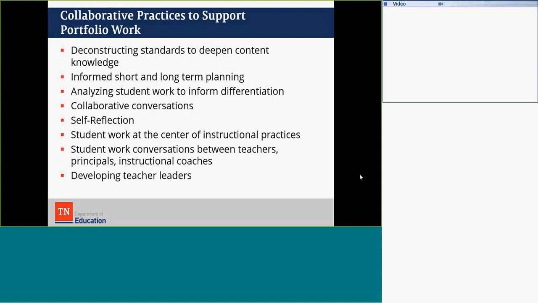And when that happens, student work is then at the center of instructional practices. And then student work conversations between teachers and principals and instructional coaches and other educators really become a regular, consistent conversation. And through that, as our professional content knowledge grows and our professional learning is at the forefront, we most certainly all develop as teacher leaders.